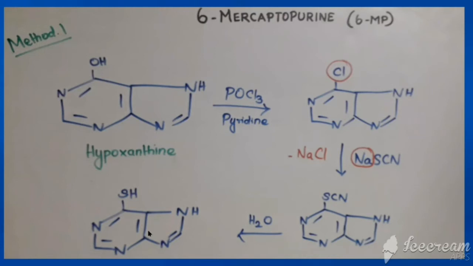So what is the synthesis in method 1? We take hypoxanthine or 6-hydroxypurine, which on chlorination with POCl3 and pyridine gives the chloro derivative. That on reaction with NaSCN has the Cl replaced by SCN, and on hydrolysis we get 6-mercaptopurine.